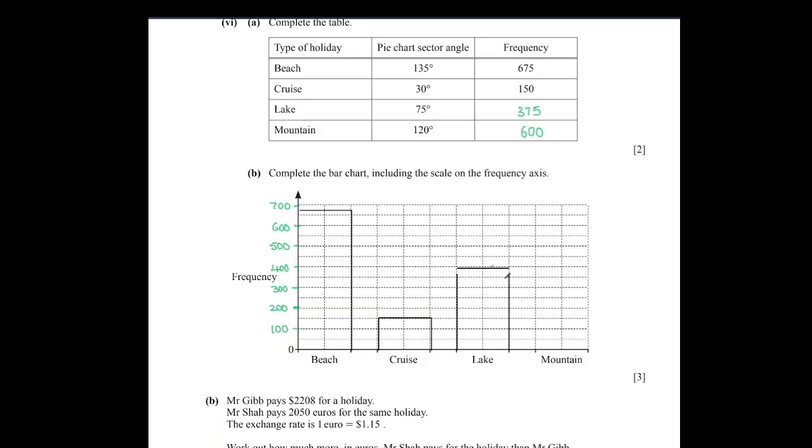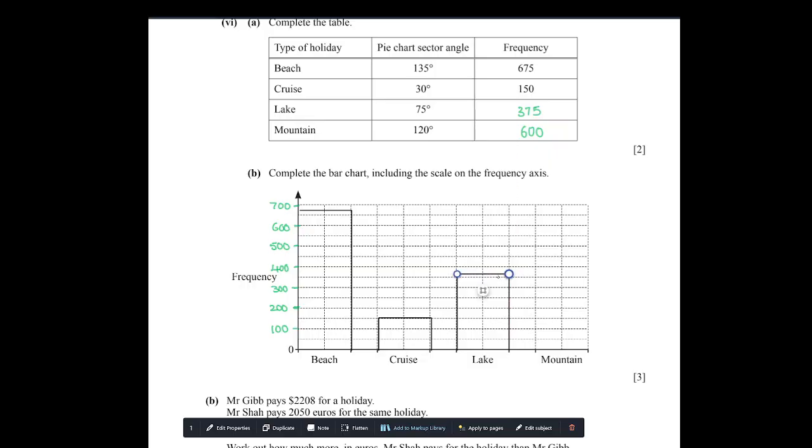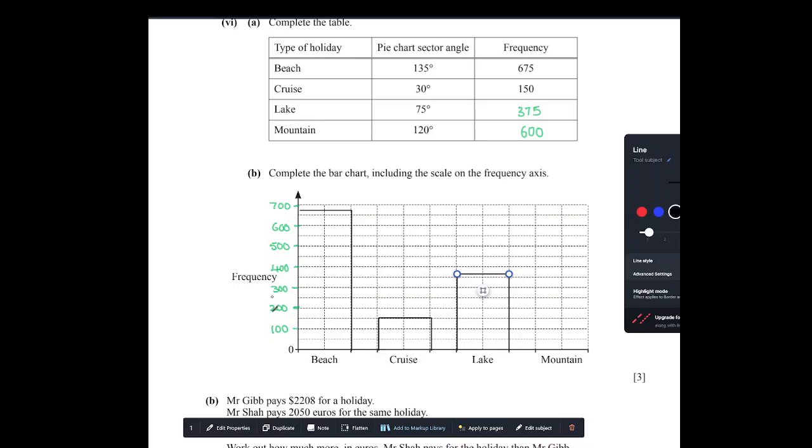I hope you have understood this, like it should be in between these two lines. Next mountains. Mountain is 600, so take up to 600.